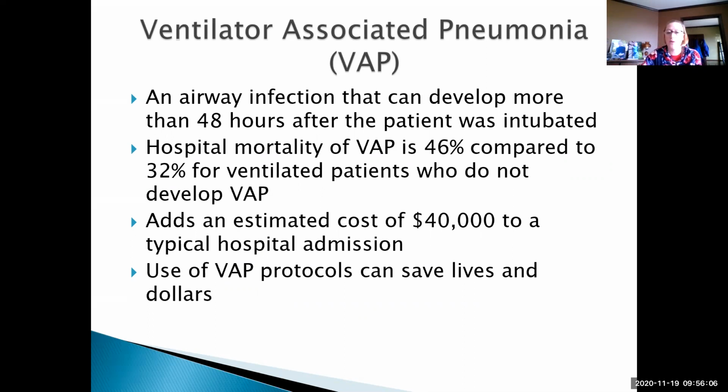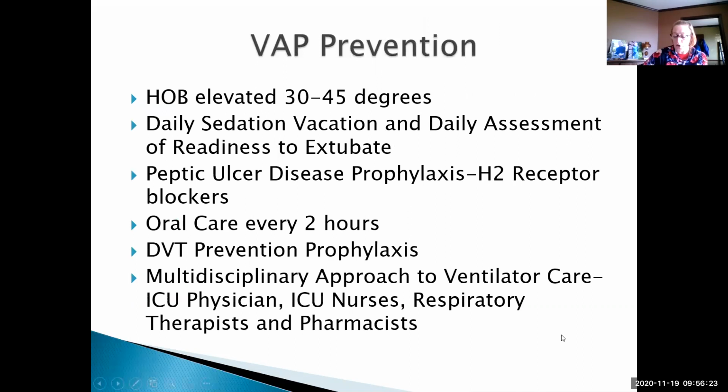And the mortality rate is higher for someone who has VAP as opposed to someone who doesn't develop it. It adds a lot of estimated cost to the hospital admission, and that's why we have our protocols to help save lives and dollars. So our protocols for ventilator-associated pneumonia: keeping that head of bed elevated.